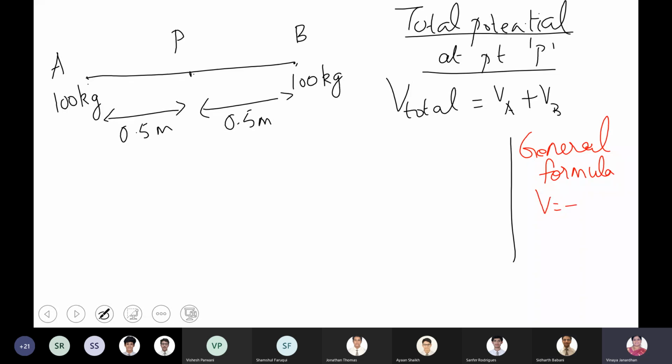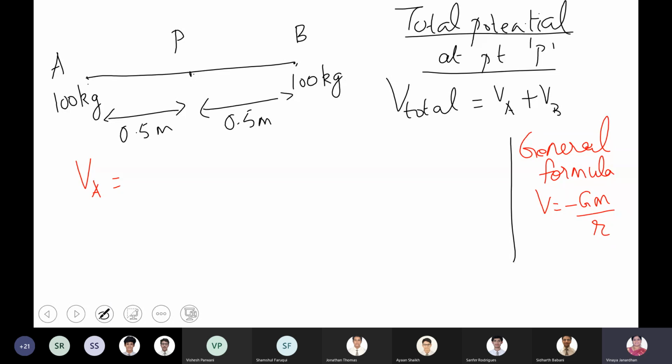V is equal to minus GM divided by r. Ma'am, why is it negative? Negative is because the force is a force of attraction over here. Ma'am, which question are we doing right now? The same question, second part. Previous question has two parts, boys.